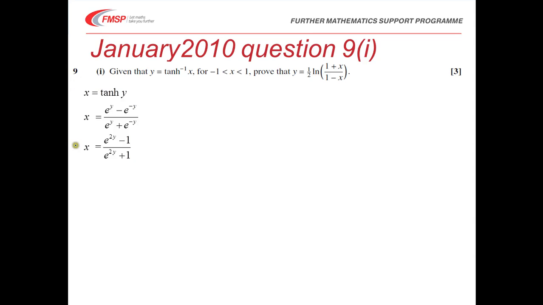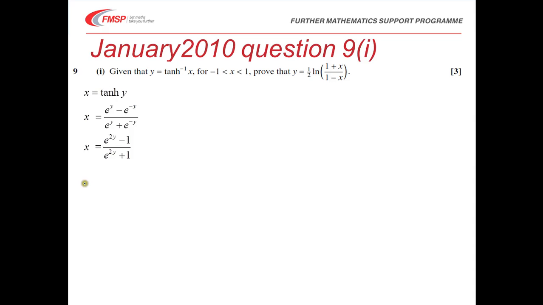So we'll use the exponential expression for tan, and we'll take this one, so I've multiplied top and bottom line here by e to the y. So this is the form that we'll want, and then it's really just a matter of rearranging to make e to the 2y the subject.